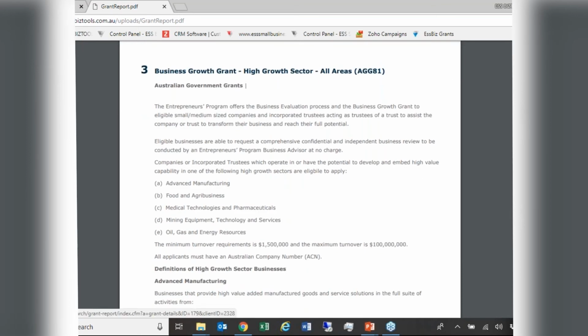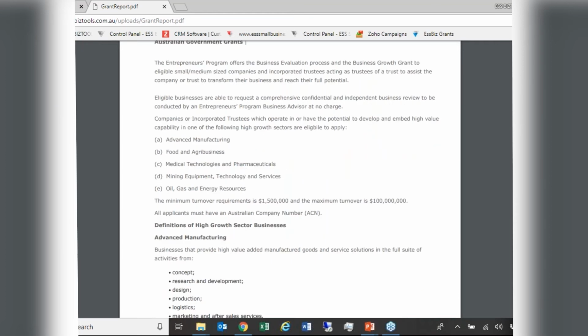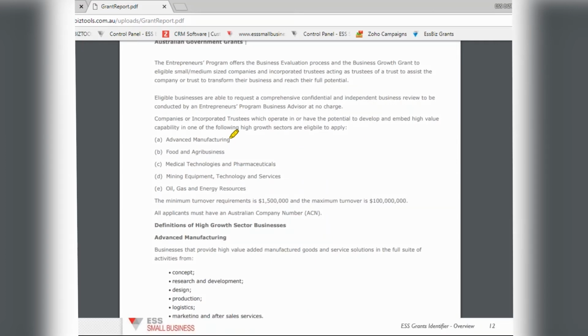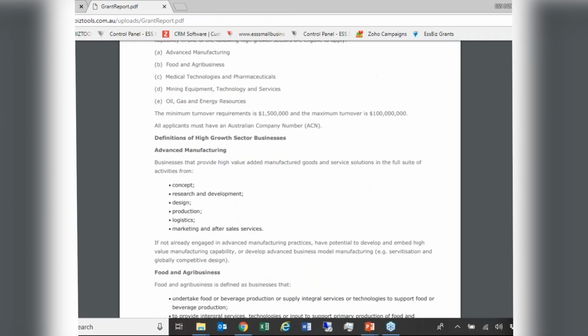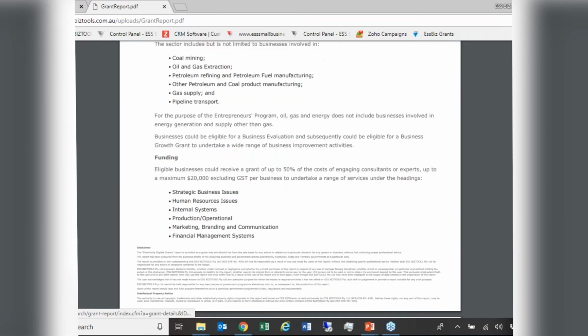This is a very popular government grant that's available to about 600 different types of business entities that operate in the government's high growth industries, according to the government: advanced manufacturing, food and agribusiness, medical technologies and pharmaceuticals, mining equipment, technology and services, oil, gas and energy resources. The minimum turnover is $1.5 million. The maximum is $100 million. And all applicants must have an ACN, and all businesses applying for this grant must have been in operation for at least 3 years. So that's the summary on that one.